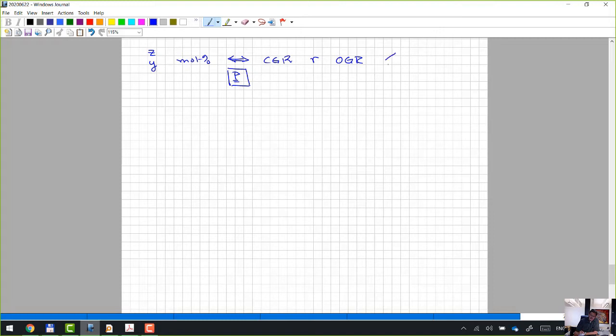We want to come up with a means by which we can move back and forth between a molar composition, or some approximate part of the molar composition, and the oil gas ratio.